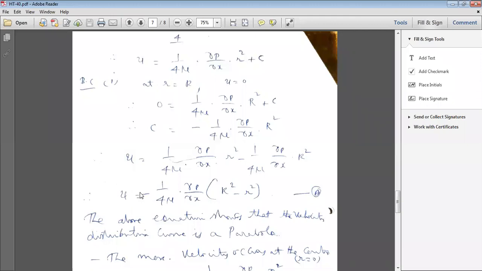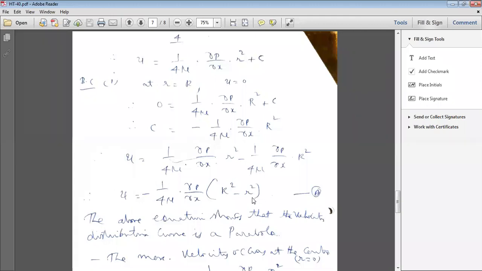Now, the velocity gradient: here 1 by 4 mu is there, here 1 by 4 mu is there. So take out common minus 1 by 4 mu into dou P by dou X, and here capital R square minus small r square. This is the final equation for velocity distribution.